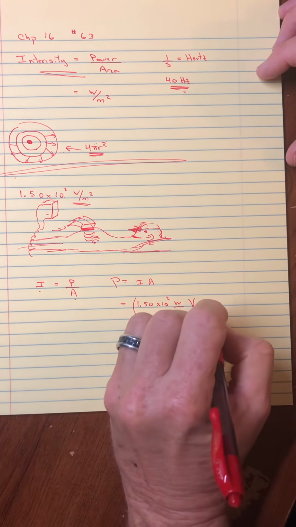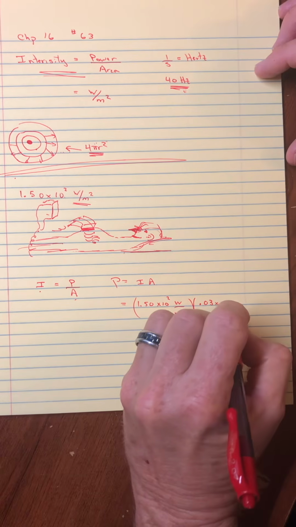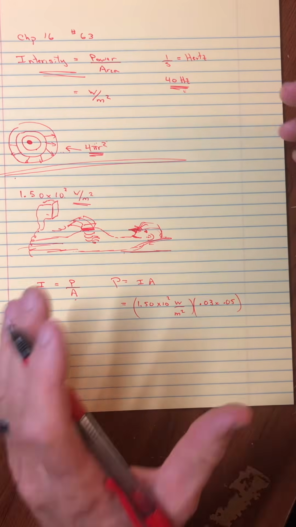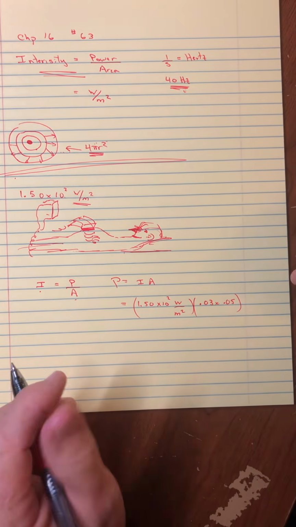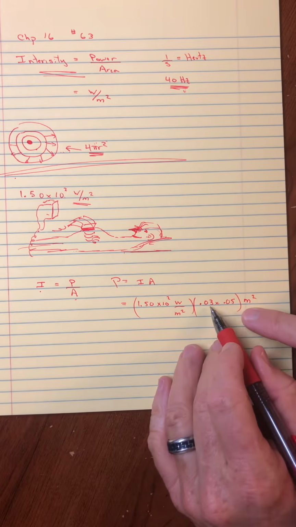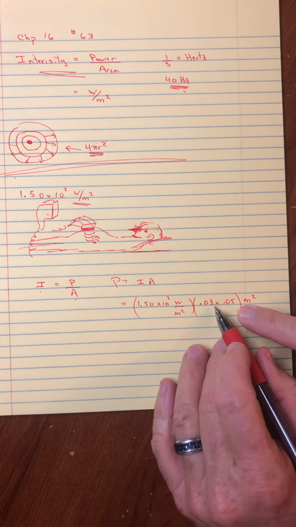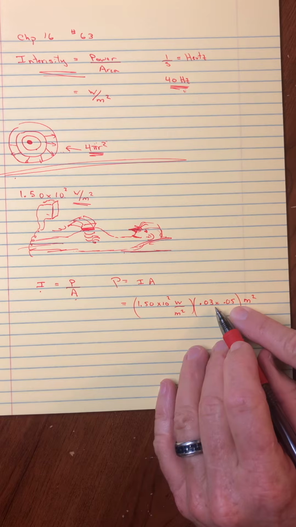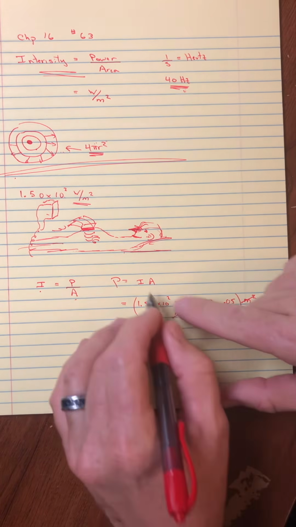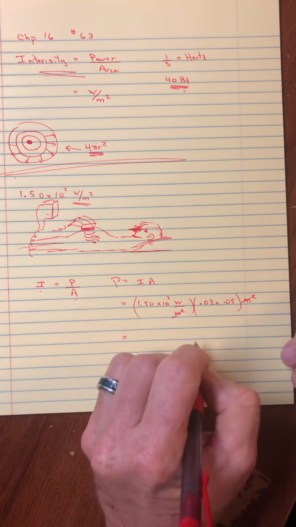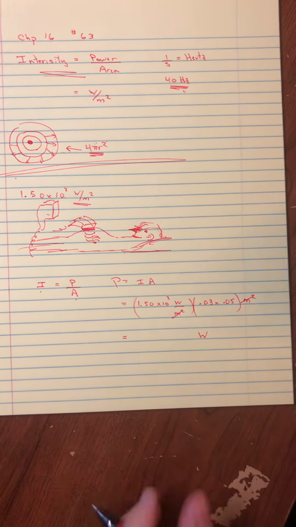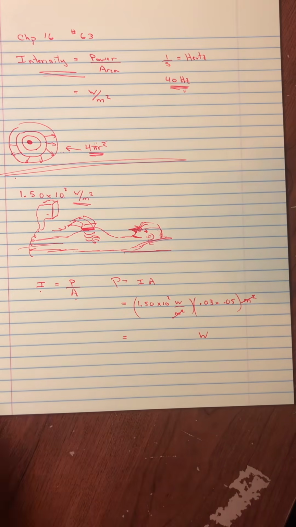Of course, now we need to be a little careful, because, again, back to chapter 1, watch your units. We have our area here in centimeters, so I need to switch that to meters, so I get square meters, so they cancel with the units of the intensity that they gave me, and we get a unit of watts, which is the unit for power.